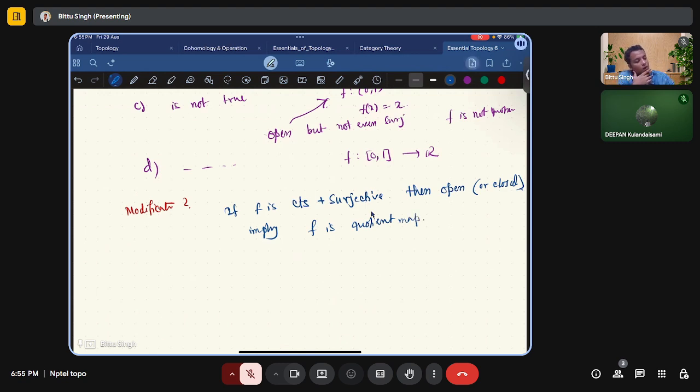So why is this true? Let me prove it for open. Open implies quotient map. So we need to see that F inverse of U is open if and only if U is open.